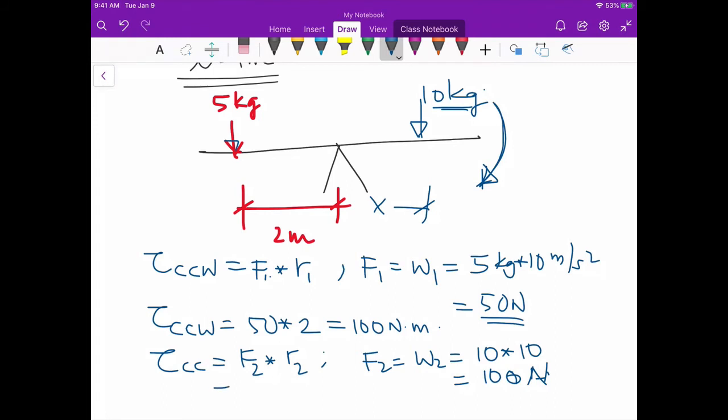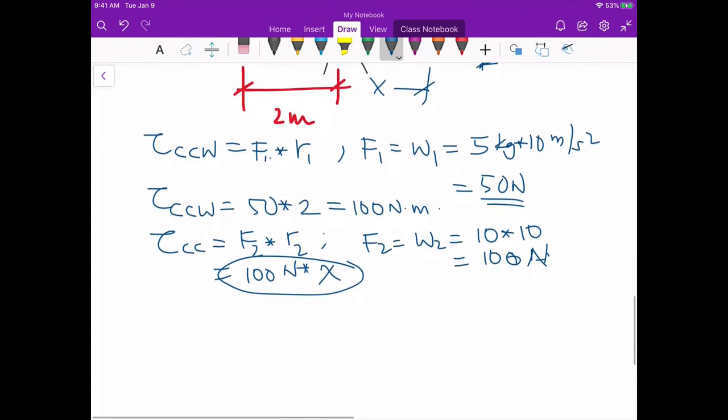Then you do 100 Newton times the lever arm. You don't know it, so you can call it X, you can call it Y, it doesn't matter. Since the two are balanced, you just equate the two and find the value of X.